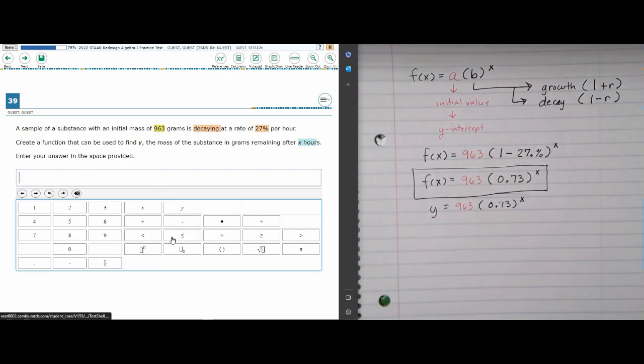That's not an option here, but we can definitely put a y. So y is equal to 963, then I'm going to put my parentheses. Let's see, do they have parentheses? They do have parentheses. So I'm going to put 963 first, and then I'm going to put my parentheses, and I'm going to put 0.73, and I'm going to close parenthesis.